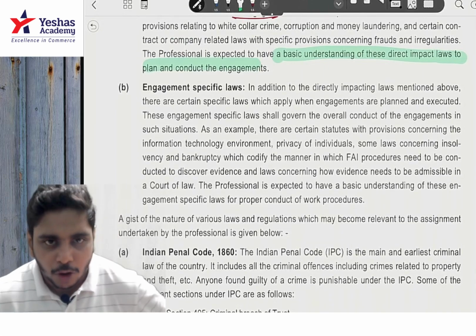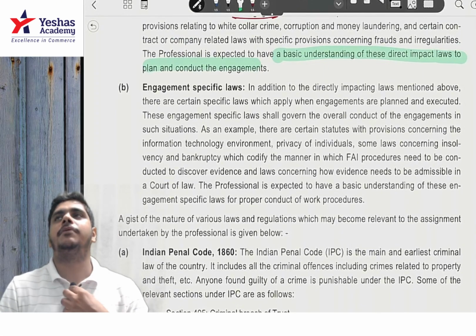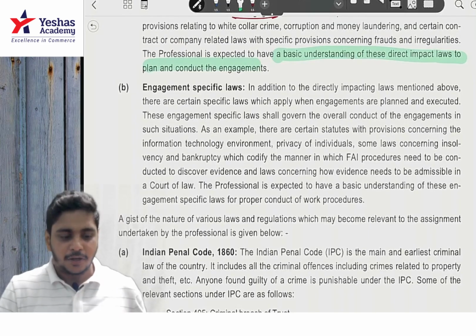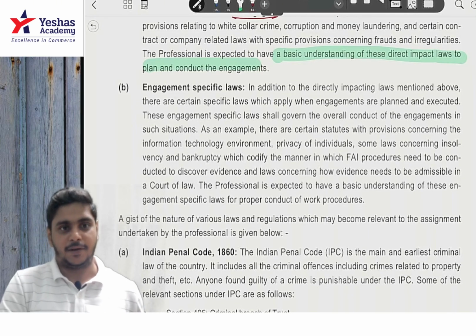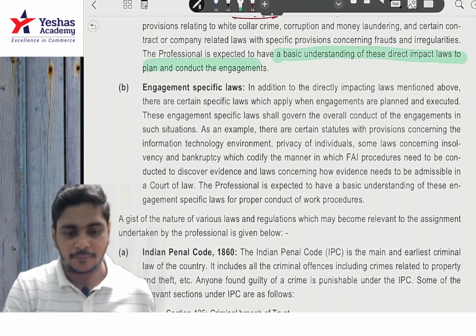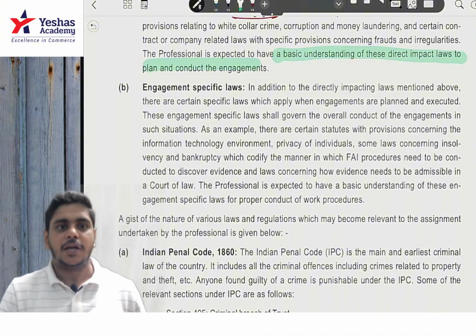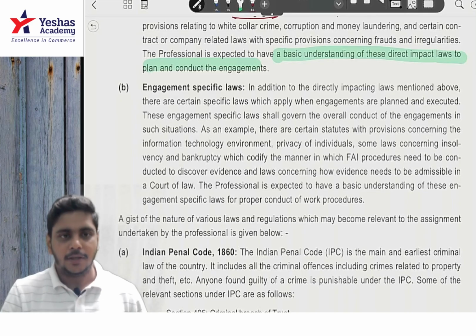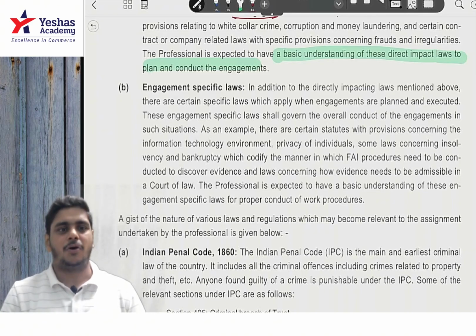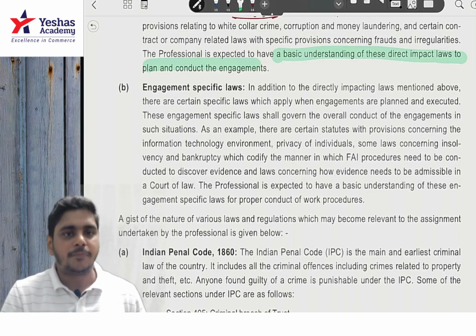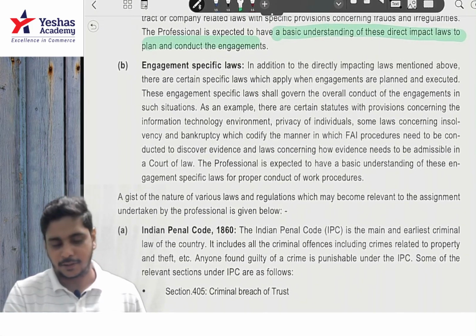Engagement specific laws. If a company was doing some import export, I would need knowledge of FEMA. Correct? It's called engagement specific laws. If a banking company has appointed me, I need to understand the banking law. If an insurance company has appointed me, I need to understand the insurance law.